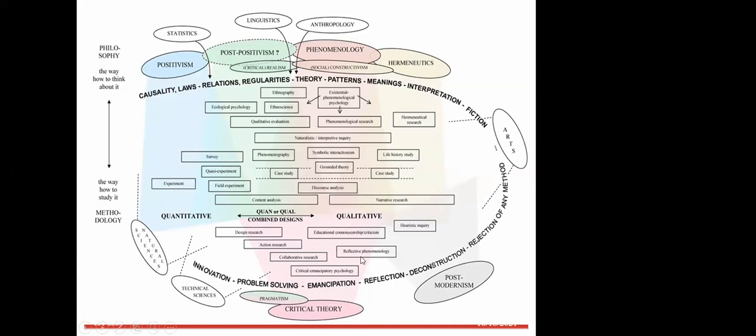Humanistic inquiry, reflective phenomenology, there are so many methods. So our class today, we are going to look at the methods, and I've explained that the methodologies, we have the quantitative methodology, we have the combined methodology, and we have the qualitative methodology. Out of these, we have methods.